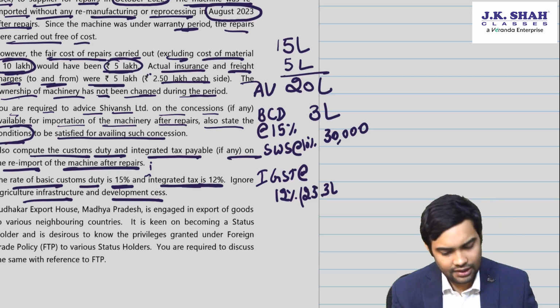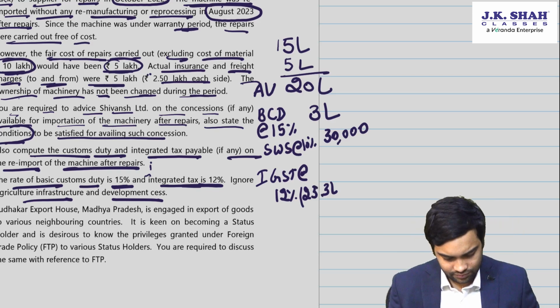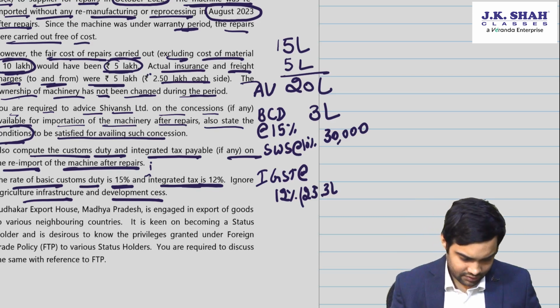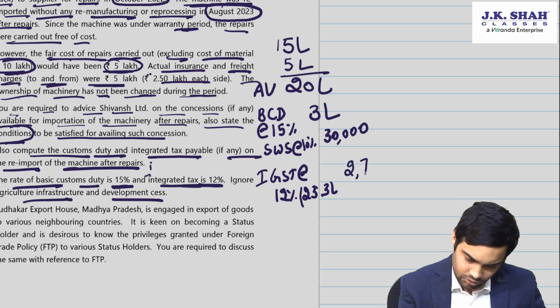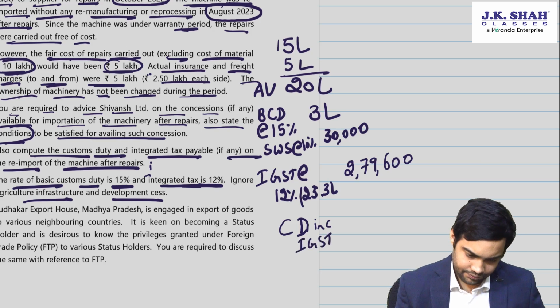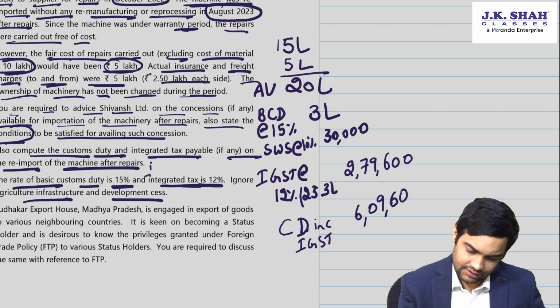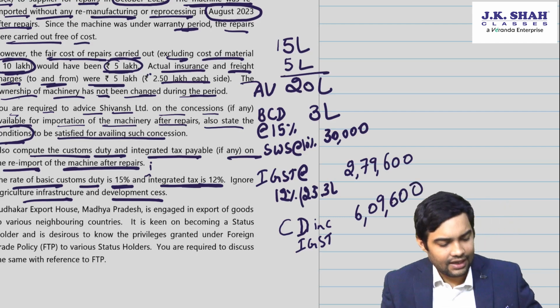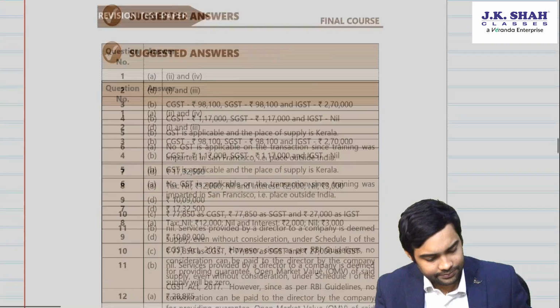So 23 lakh 30,000 into 12%, which comes to 2,79,600. So custom duty including IGST will be 6,09,600. Let's check the answer and also go through the conditions.